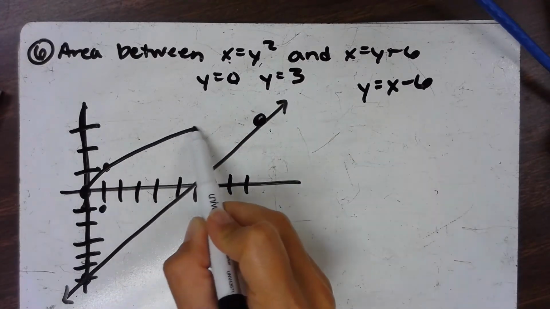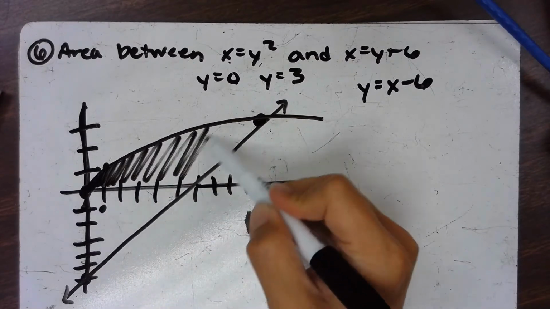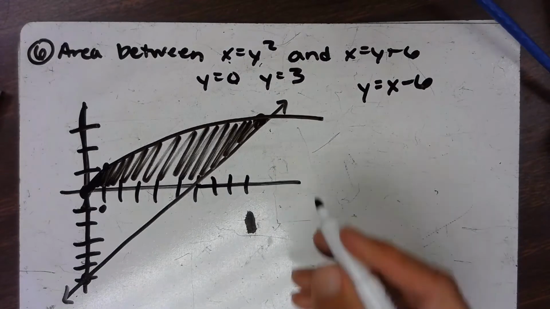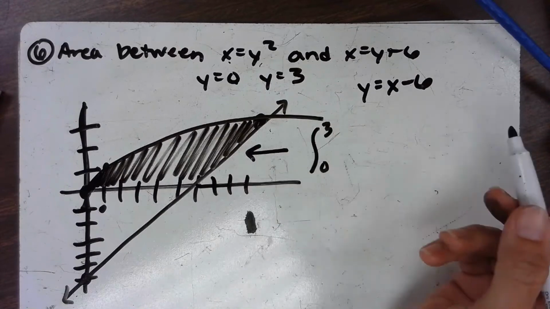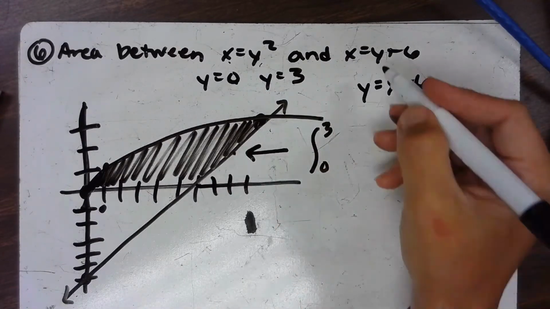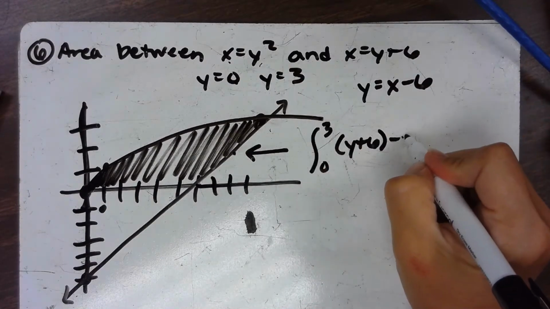So this is going something like this, and I only want it from 0 to 3, so I want this area right here. I'm doing it from 0 to 3. Now, I'm going left to right because this is y's. So left is this one right here, minus y squared.